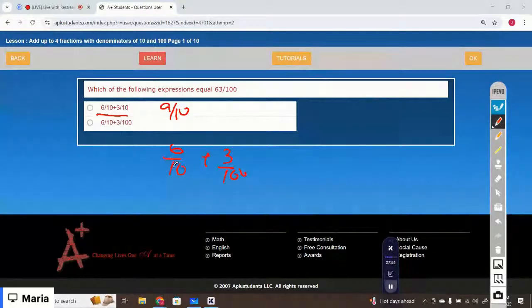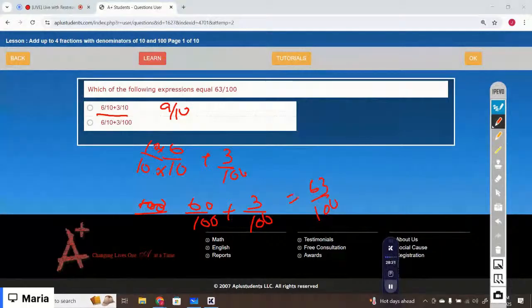So 10 times 10 is 100, multiply the fraction by 10. That is 10 times 6 is 60 divided by 100 plus 3 over 100. So which is the correct option? 60 plus 3 is 63 over 100.